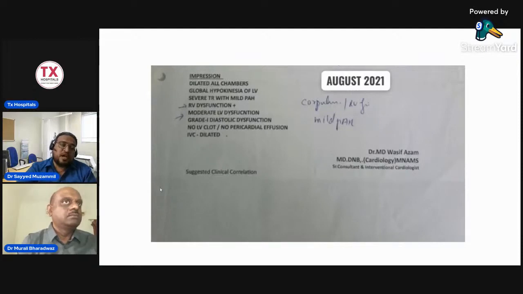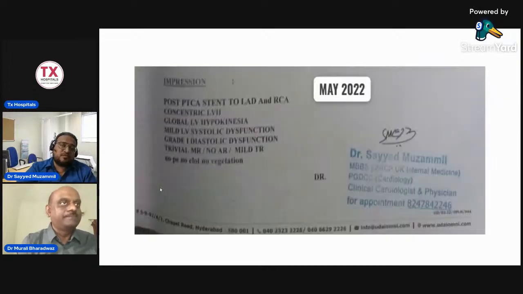After starting her on all medication, within around 8 months, her LV function improved, and she now had global LV hypokinesia with mild LV systolic dysfunction, with an ejection fraction of around 49%. So heart failure medication works. If you do proper titration of heart failure medication, it does wonders for the patient. It gives not only symptomatic benefit, but mortality benefit also.